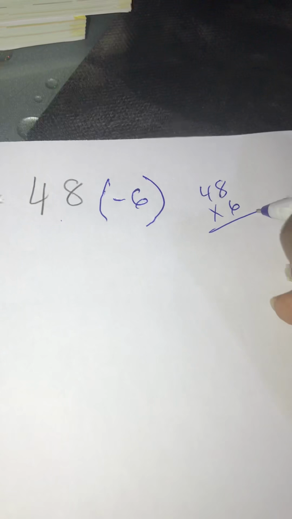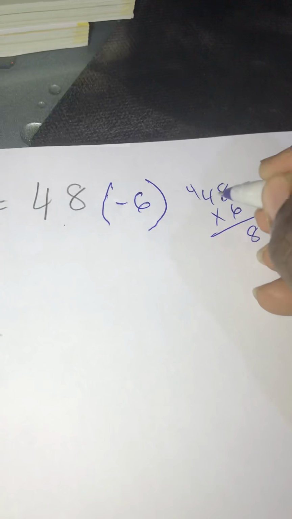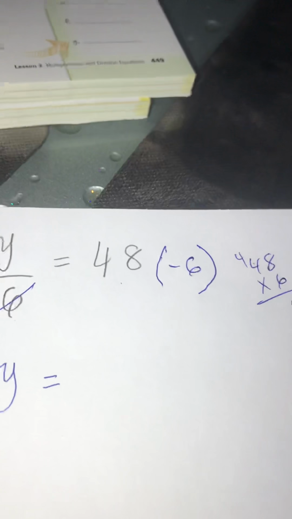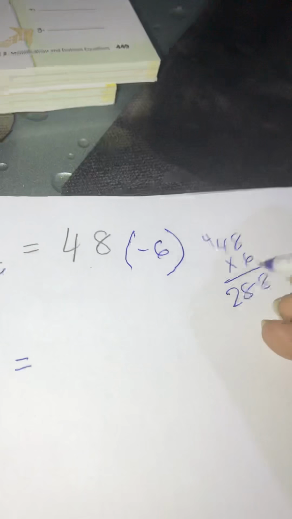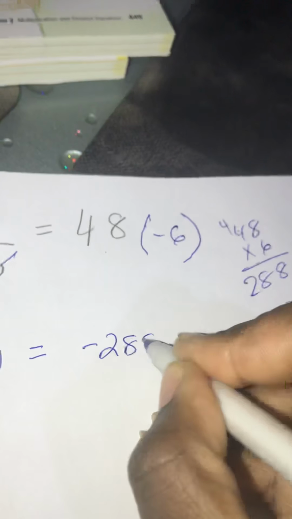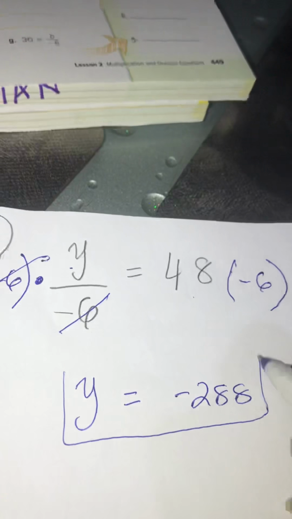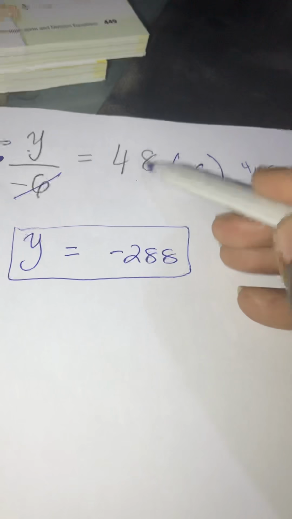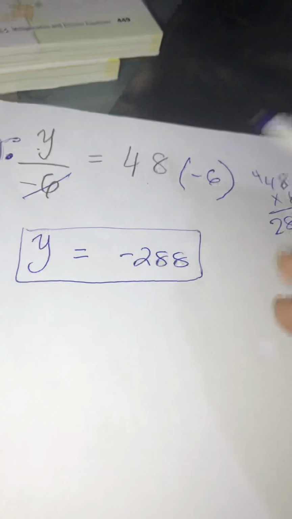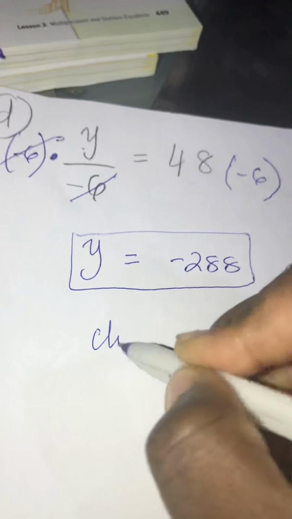48 times 6. 48, carry 4, 24. 24, 28. Negative 288. And this is your answer. Okay? Now, because a positive times a negative is a negative, then you do your check.